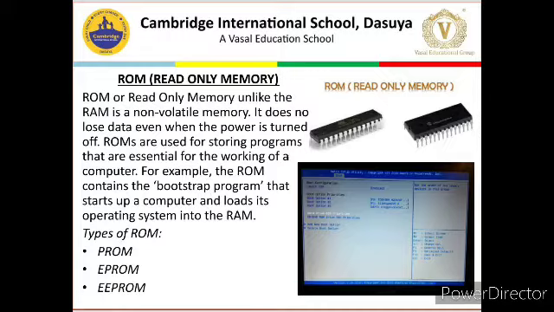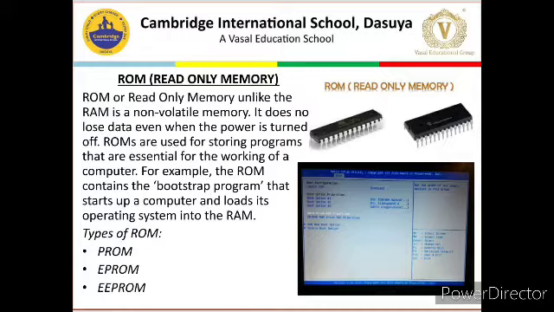ROMs are used for storing programs that are essential for the working of a computer. For example, the ROM contains the bootstrap program, which is very important to run our computer system. The bootstrap program starts up a computer and loads its operating system into the RAM.